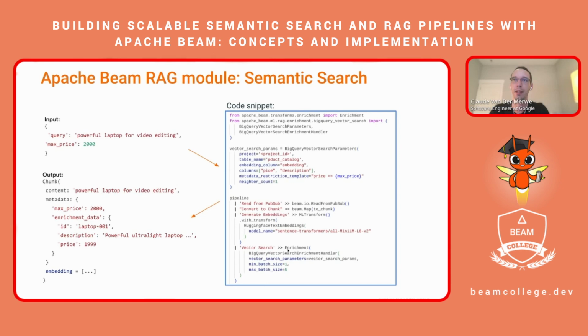Finally, we do the enrichment piece where we provide the vector search parameters we specified, and we just want to return the top one closest result. As a result, the user's chunk query contains the data from our vector database. It respects the maximum price restriction, and it returns the most relevant result.